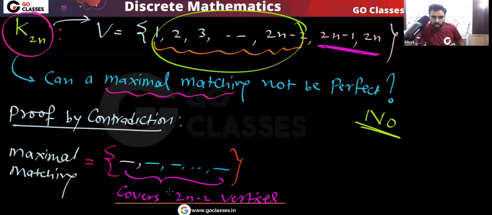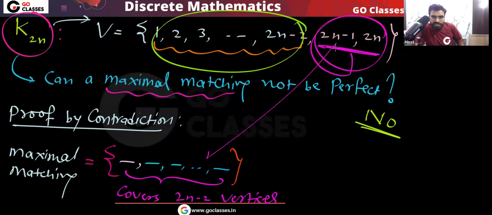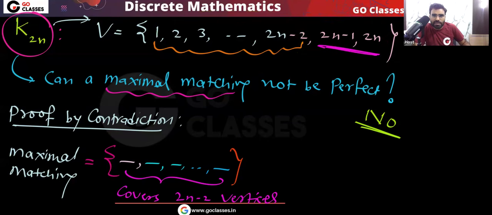Then you can notice this is not maximal because the remaining two vertices are also adjacent and are not covered by this matching, and I can add this edge here. Yes or no? I can make this matching bigger. So definitely it is not maximal. I hope you understood. Is this clear?